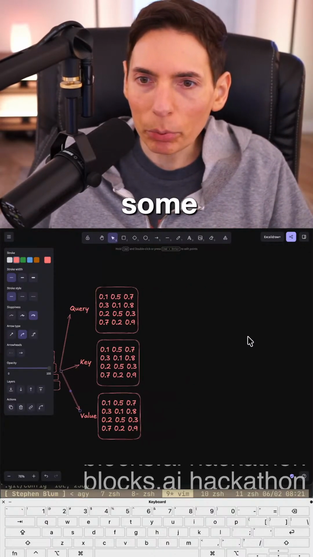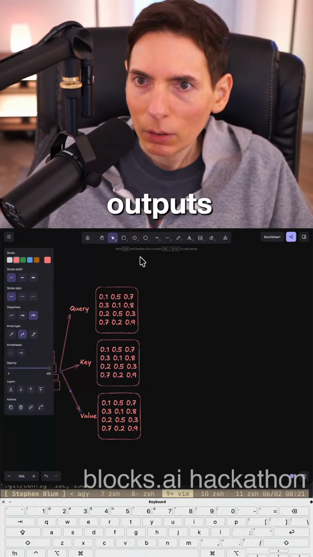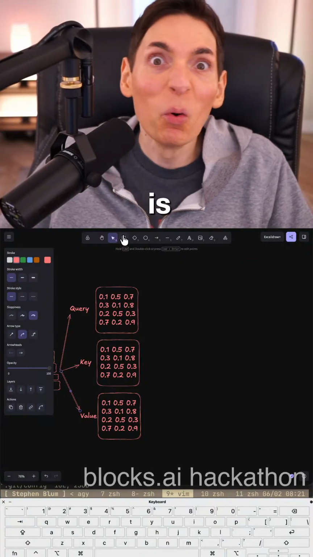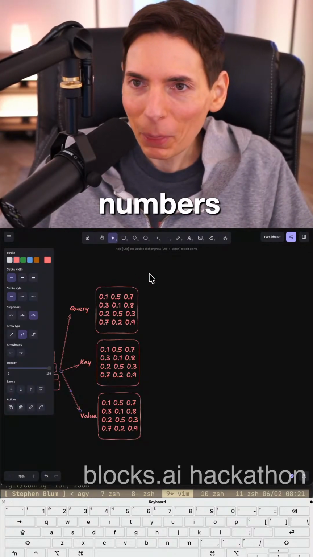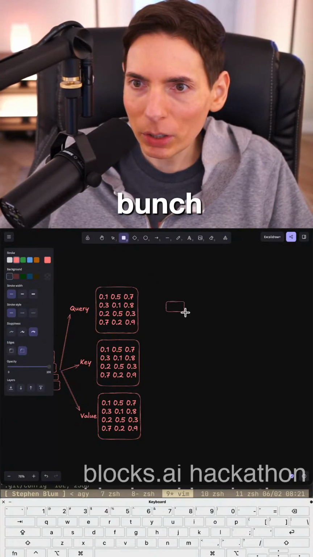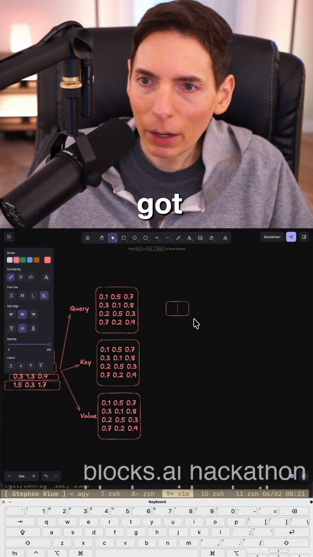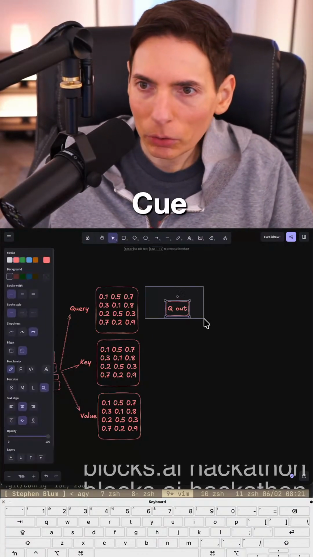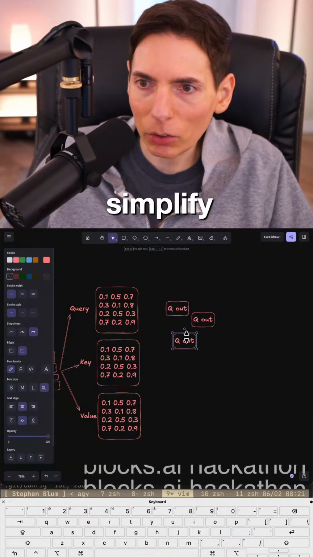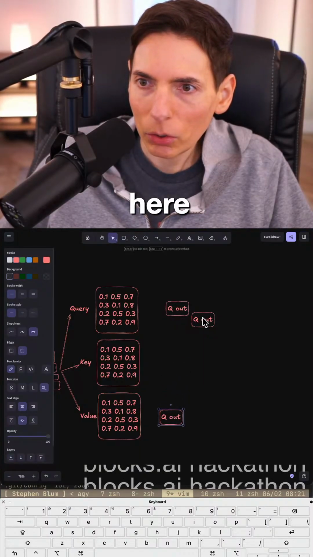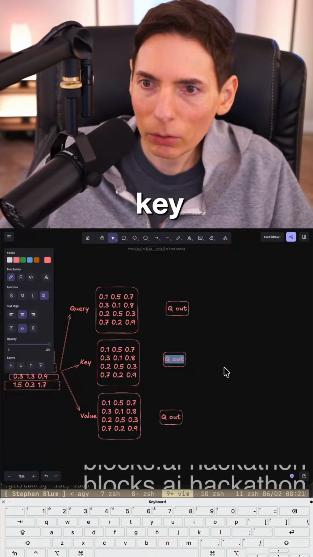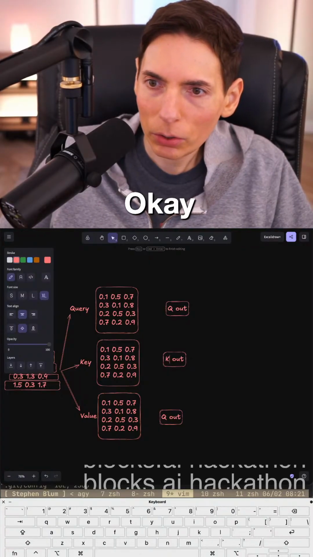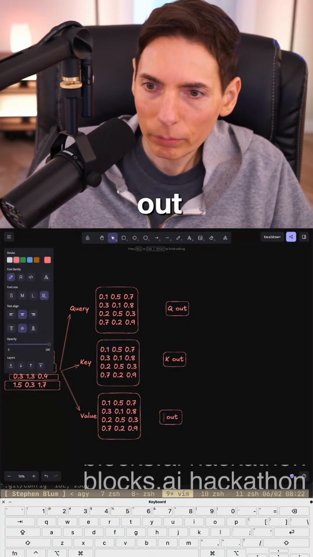And then we get some projected outputs that are more matrices. It's more numbers, even more numbers. So we've got our output, Q out, and we'll grab this. We're going to simplify it a smidge here. Q out, and we go here, key out, K out, and V out.